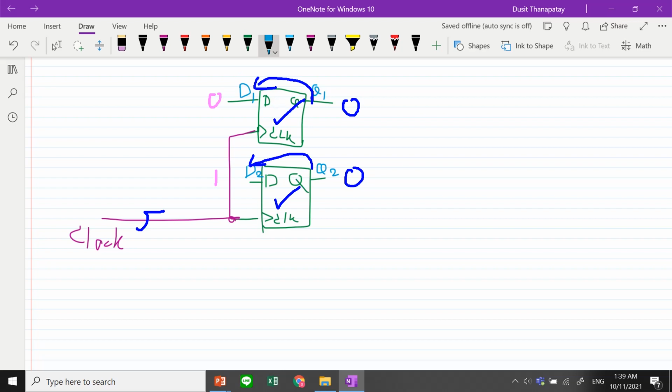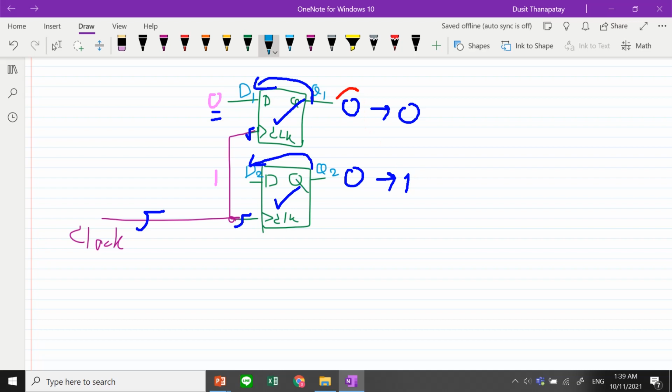That means you read 0 at D1 and read 1 at D2. So when clock ticks, Q1 changes to 0, Q2 changes to 1. Okay. So now the value of Q1, Q2 changes to 0, 1.